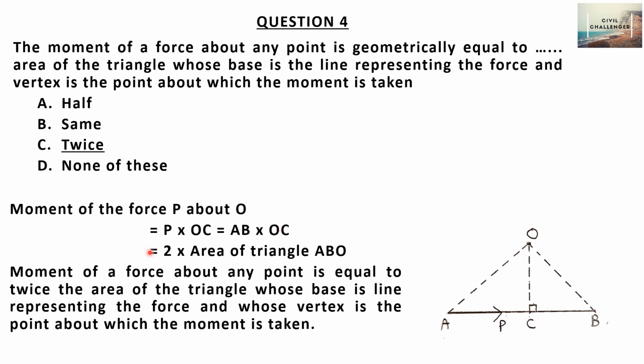So we will get the moment of the force P about O as AB into OC, because AB is the force. Now the area of this triangle OAB is half into AB into OC. Therefore, the moment of this force is equal to twice the area of the triangle ABO.